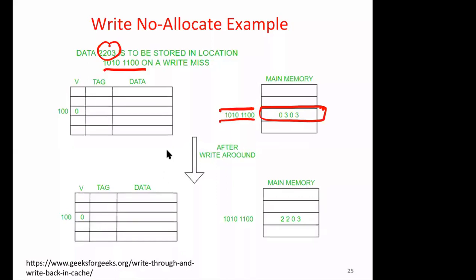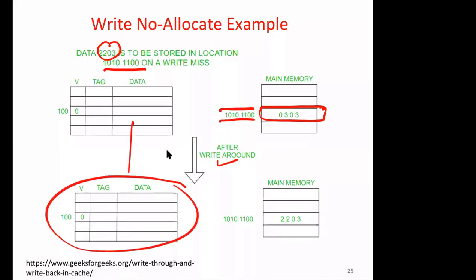After write no allocate, this remains as it is. We don't write it here, but I write directly into memory. Now assuming there is only one level of cache here, so we are writing this 2203 directly into the memory.